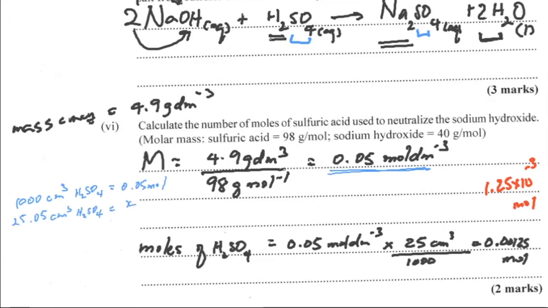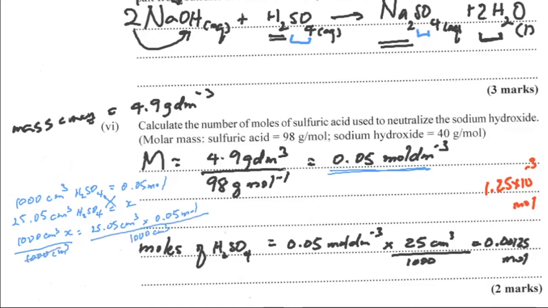Of course, we cross multiply, so that would give us 1,000 cm cube times x is equal to 25.05 cm cube times 0.05 moles. We'd need to divide both sides by 1,000 cm cube to make x the subject. Anything we do to one side, we have to do to the other side.